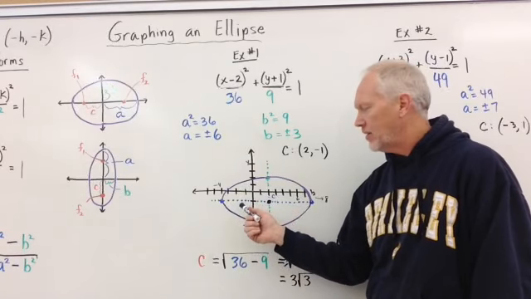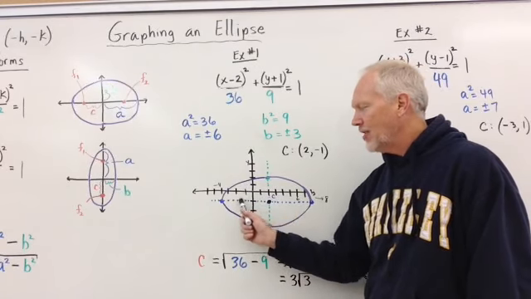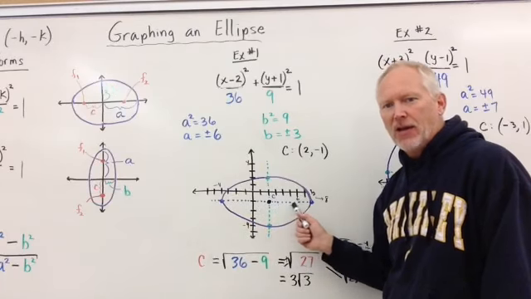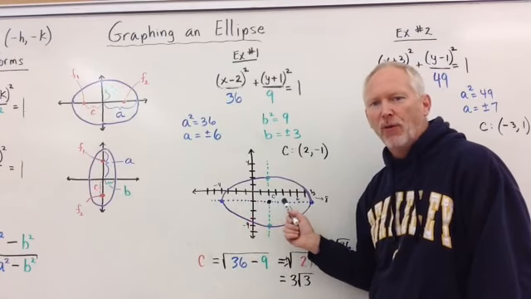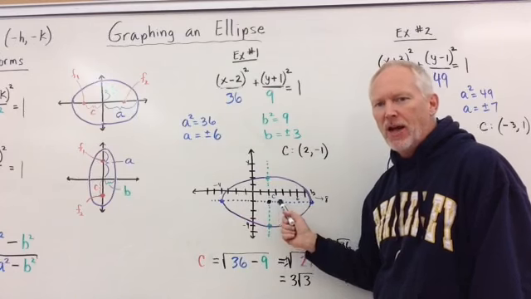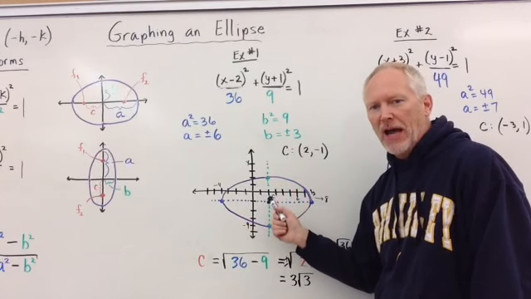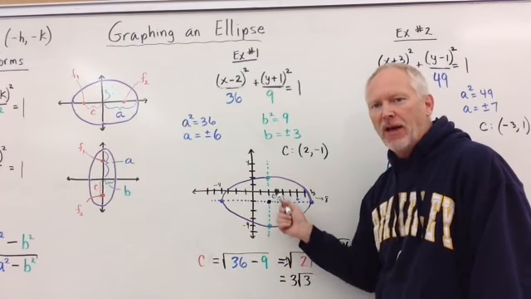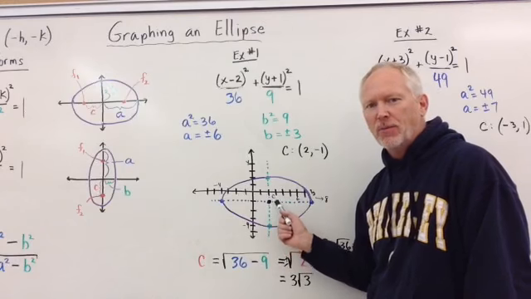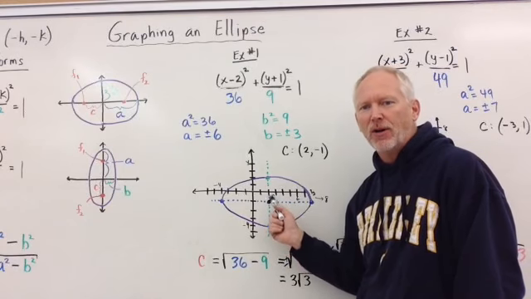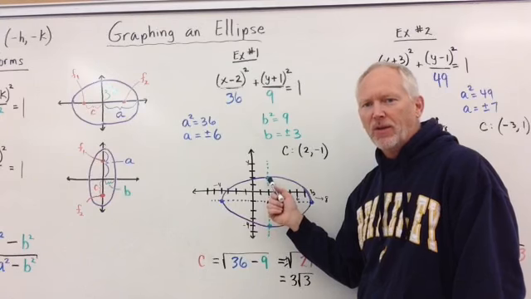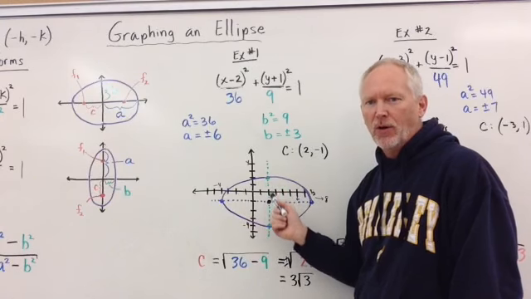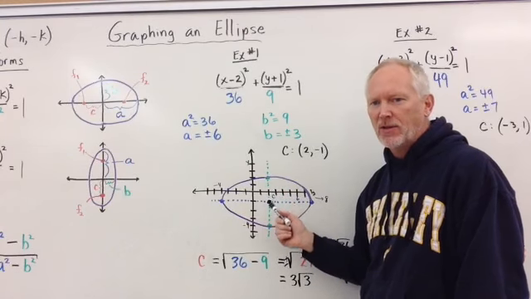So what I do is I tend to draw a little dashed line here, a dashed line this way, and that keeps me on the correct path for my x values. And then in the y category, I draw a little dashed line here up and down, and that keeps me on the right path in terms of the distance from the center to the y category, or the b distance, if you will, in this case, because it's the shorter distance.